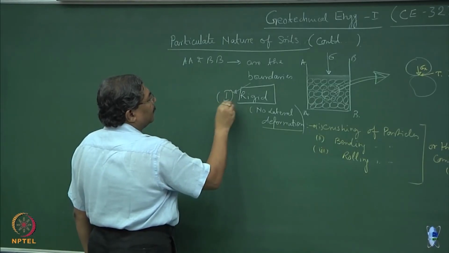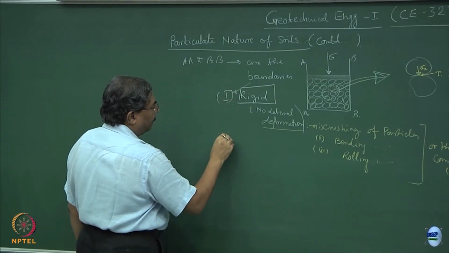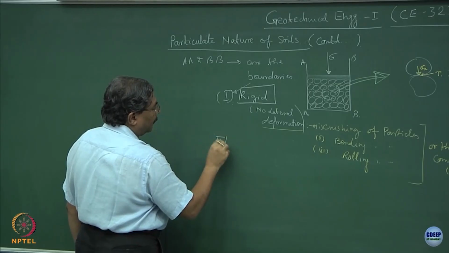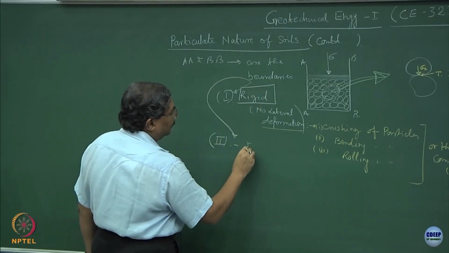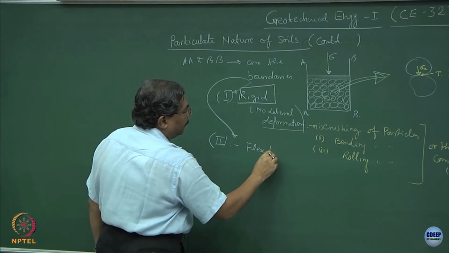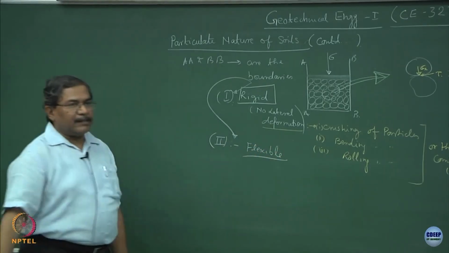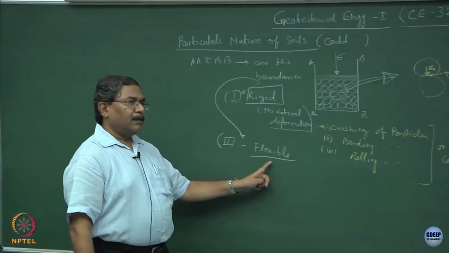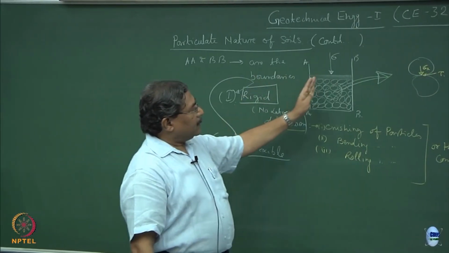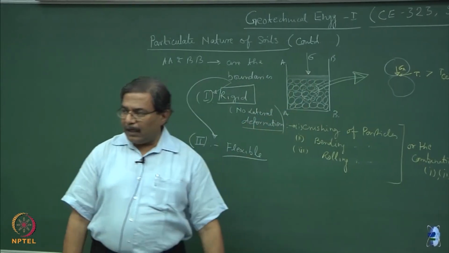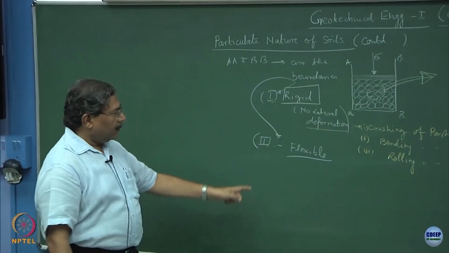The second mechanism would be when the boundaries are flexible, and this is where exactly I was in the previous lecture. Now, the chances are that the boundaries which are confining the soil mass would be flexible.